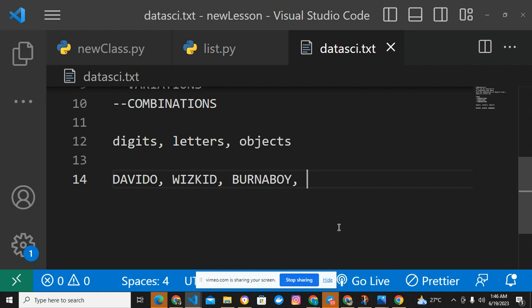The gold winner stays in the middle, the silver winner will stay at the right hand side of the gold winner, and the bronze winner will stay at the left hand side of the gold winner. So let's say Davido won the gold award, and of course he's going to stay in the middle.